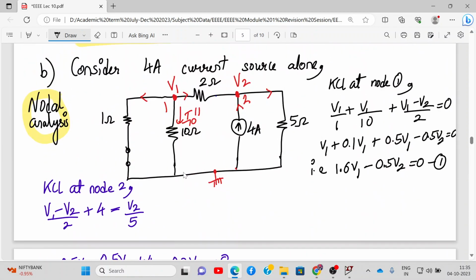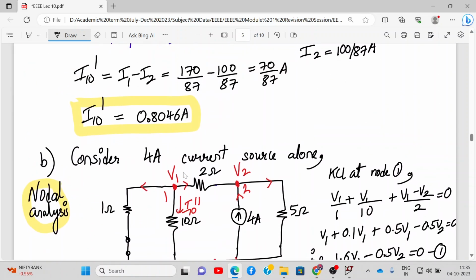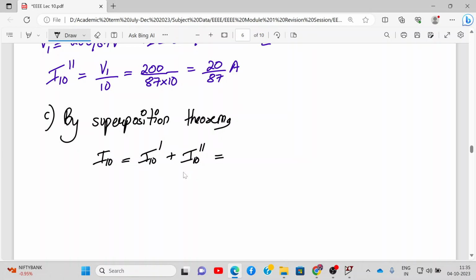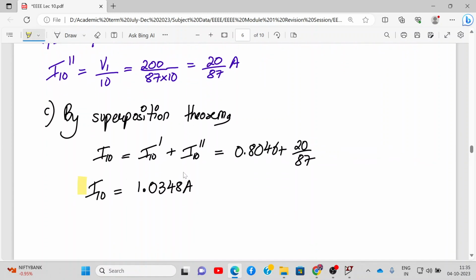Now I10 dash is 0.8046, and I10 double dash is 20 upon 87. So if we work it out, I10 will be equal to 1.0348 amperes. So that's my current I10 by superposition theorem.